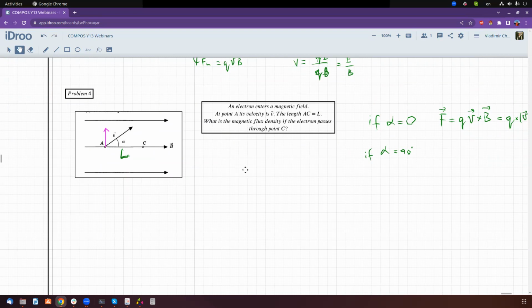Very good. It would circle. So if we look from the back, looking from this direction, we would see the magnetic field going into the page, going away from us, arrows flying away from us.